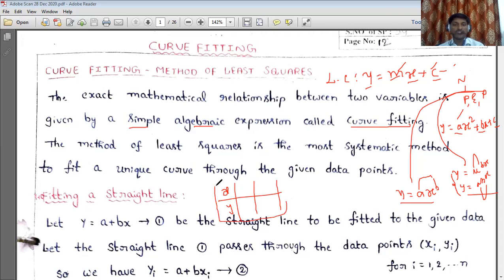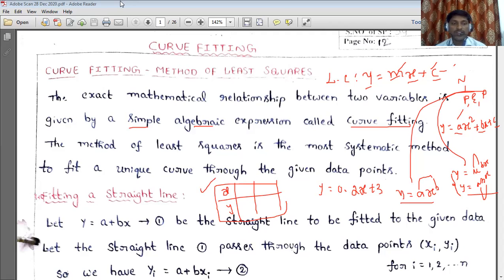Only one curve we will get. Suppose we get y is equal to 0.2x plus 3. By finding these constants, we'll get only a unique curve using the given data x and y. That is why we use the method of least squares.